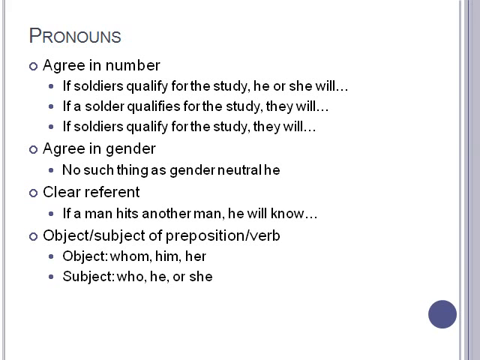Most of us have no problem with him and her, he or she. It's the whom and the who that we struggle with. So one thing to help you with that is, when you're trying to figure out should I use who or whom, try to substitute she or her, and then whichever one fits. So if her fits, use whom. If she fits, use who. Okay?